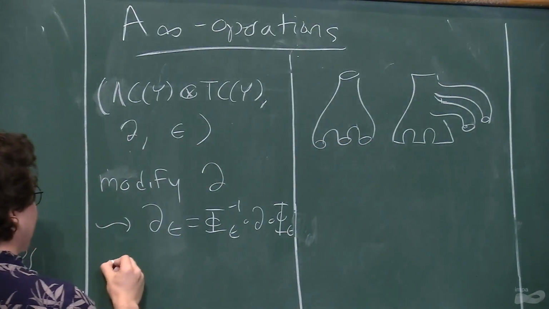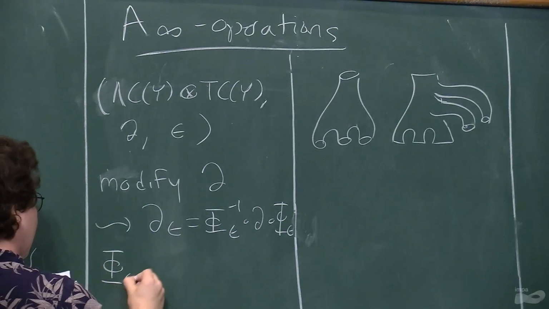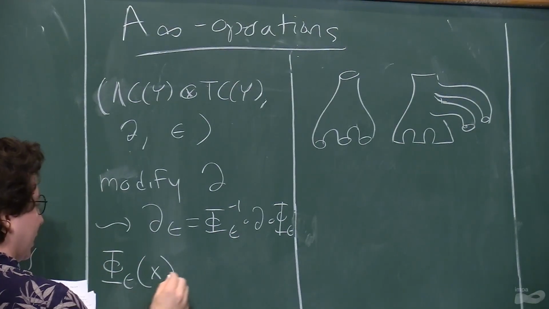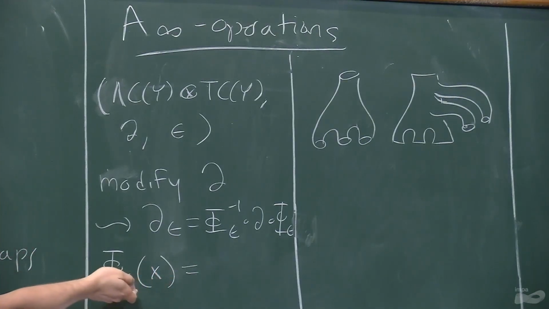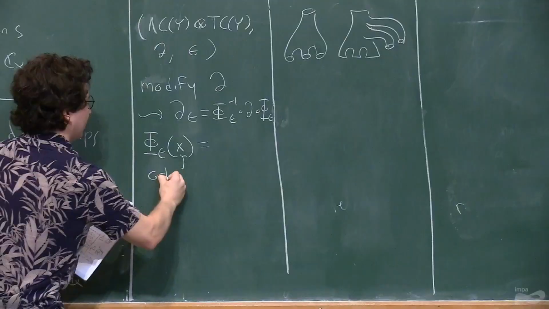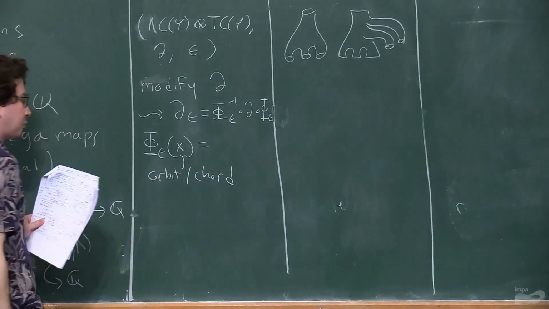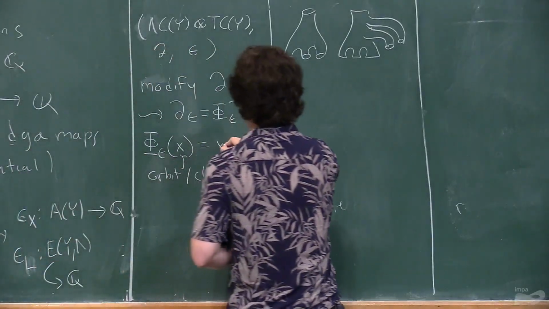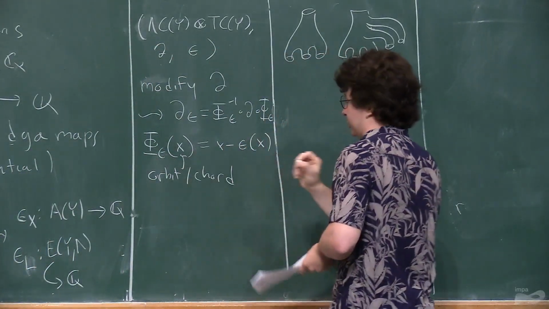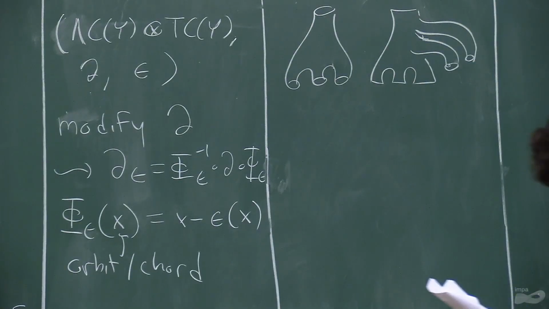The change of basis here is some DGA map of the DGA to itself, and what I'm doing is taking one of my generators. X is either an orbit or a chord, and then I am subtracting the value of the augmentation on that generator.